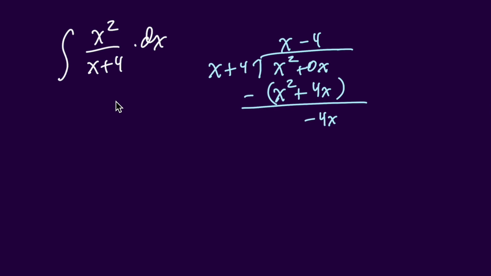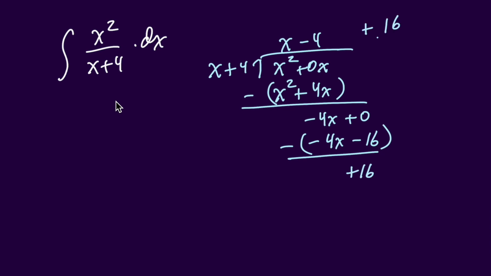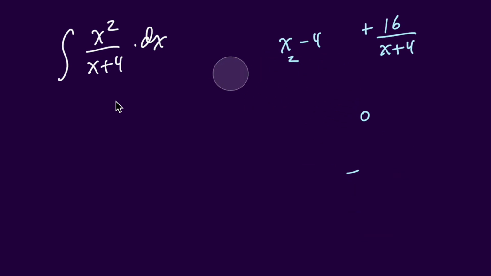Then we're going to do a second round. We're going to get negative 4x minus 16. We're going to subtract, and that goes to 0. That goes to plus 16. And we're going to put 16 with the divisor in the denominator as our remainder.